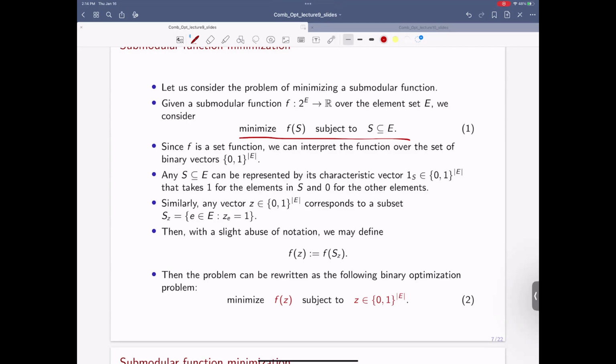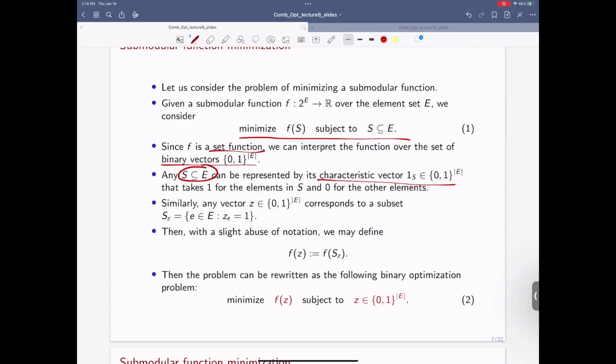So what we do is the following. Because it's a set function, we can define a function over the set of binary vectors. Any subset of elements can be represented by its characteristic vector.